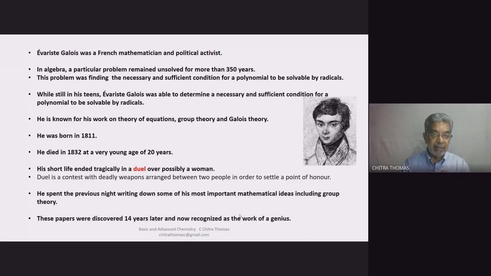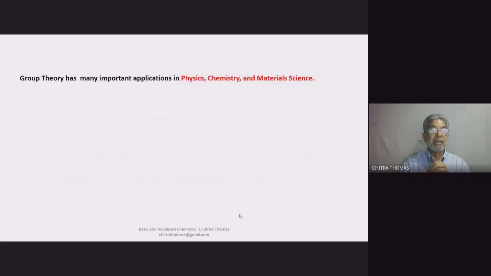These papers were discovered 14 years later and are now recognized as the work of a genius. Now, group theory has many important applications in the fields of physics, chemistry, and material science.